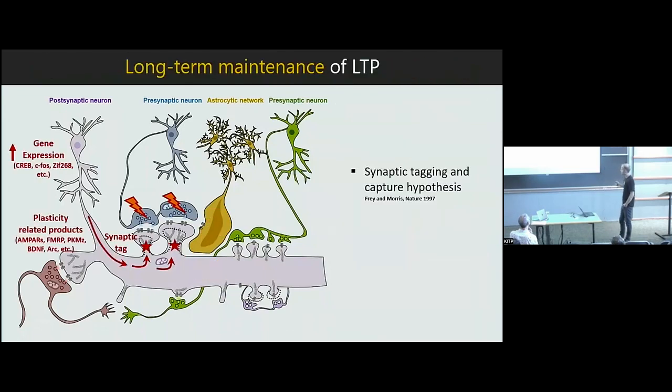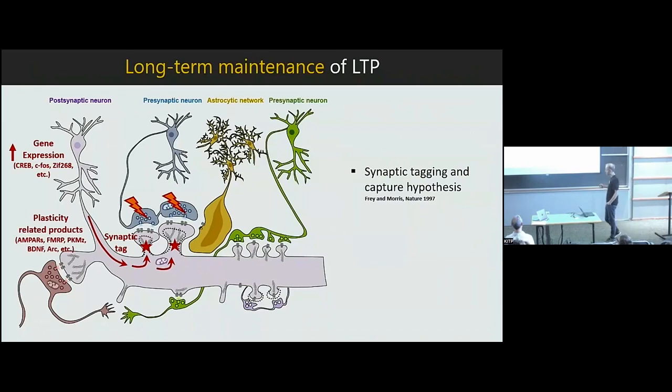Now I would like to introduce the mechanism that could maintain this disparity in the very long term, because this will be useful for the rest of my presentation. So one model is the synaptic tagging and capture hypothesis proposed by Frey and Morris in 1997. What they propose is that potentiated synapses are molecularly tagged by one or maybe a set of molecules.